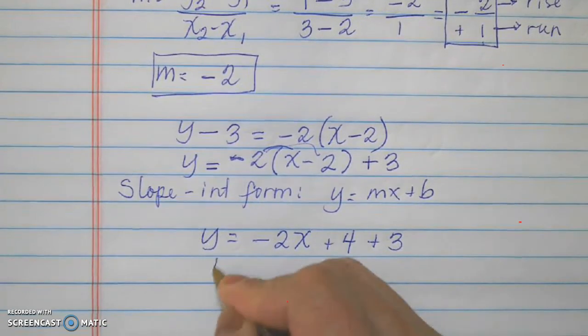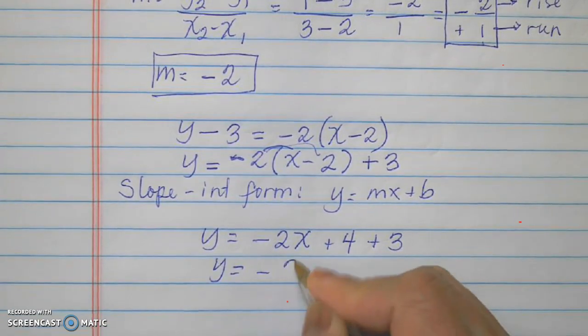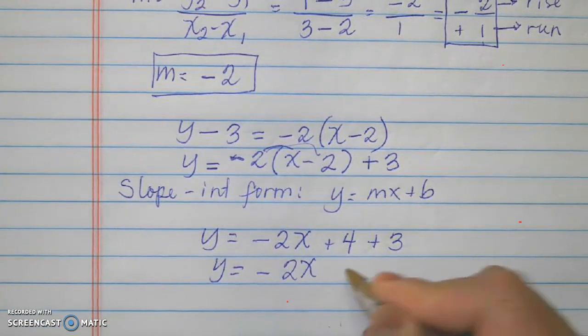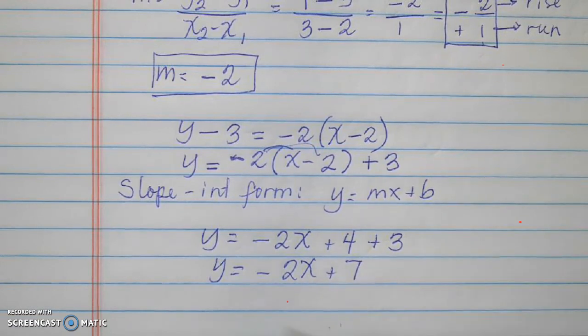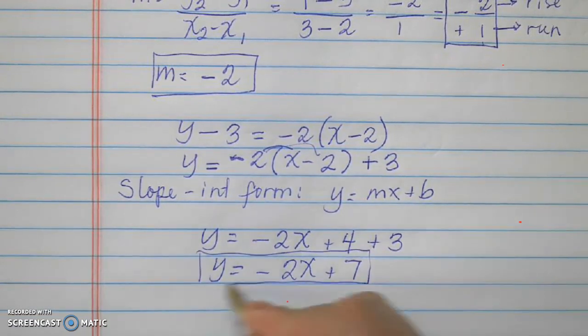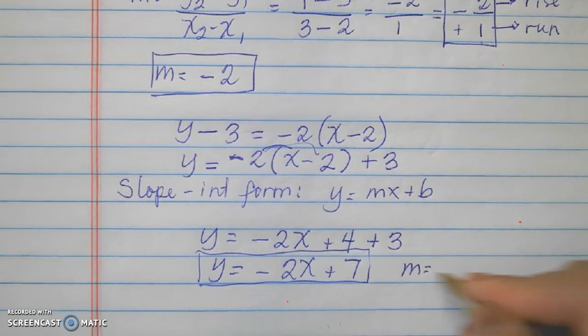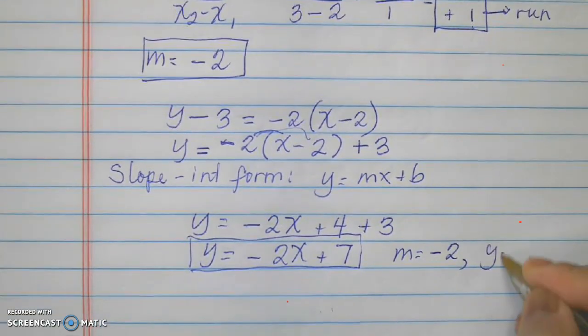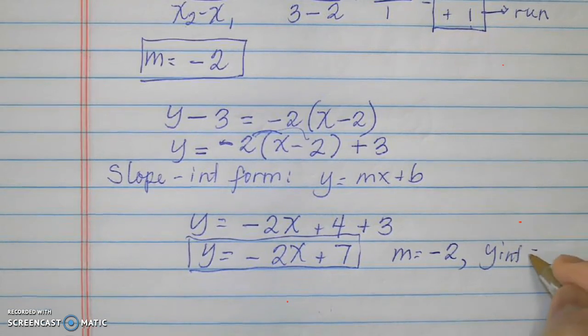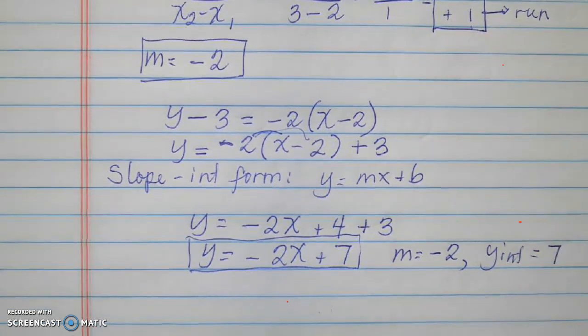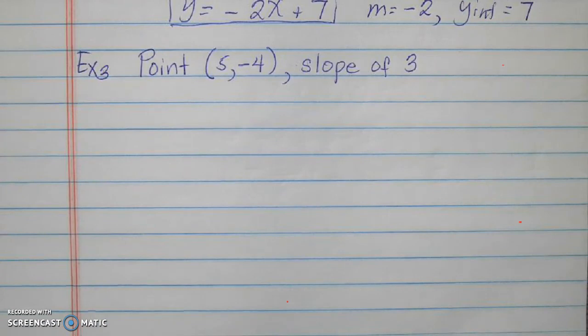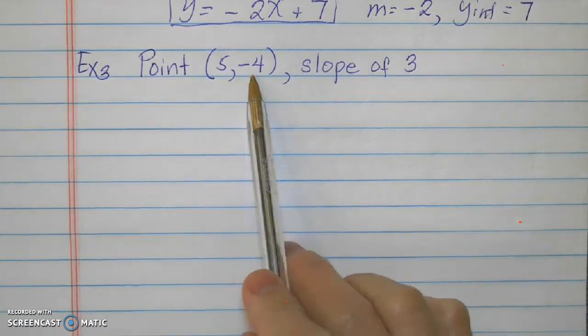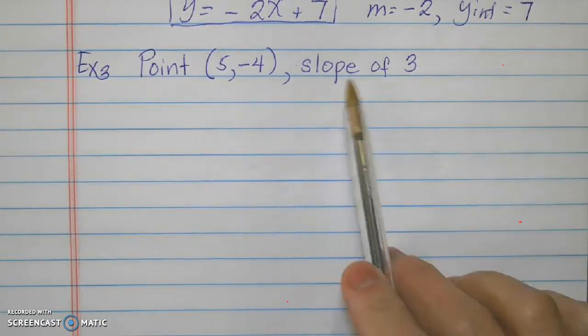Your final equation is negative 2x plus 7, which means that your slope is negative 2 and your y-intercept is 7.